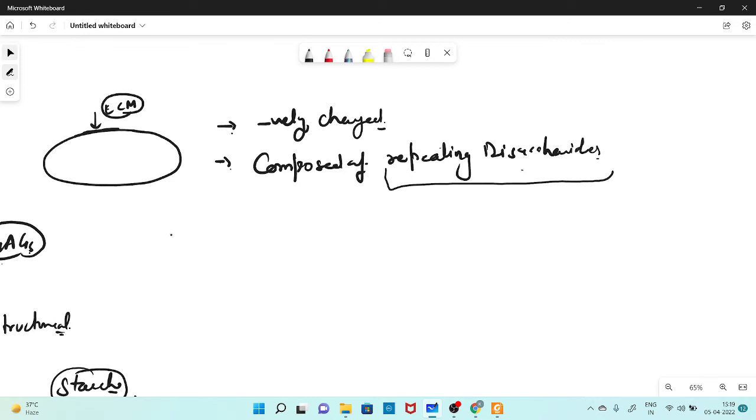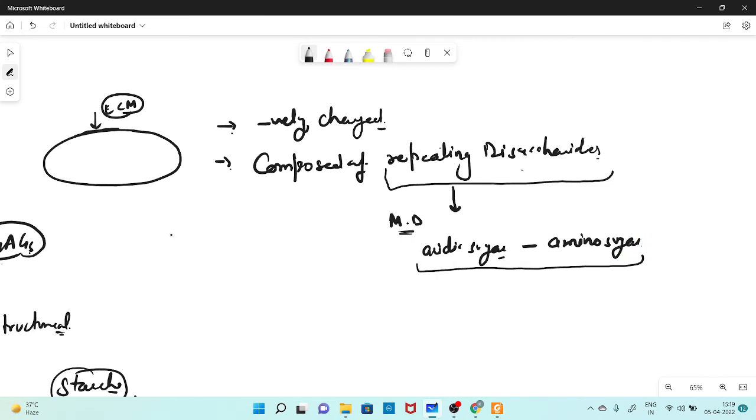So what type of disaccharides are being repeated here? These disaccharides are your monosaccharide derivatives, which we discussed in the previous lecture. These monosaccharide derivatives are your acidic sugars and your amino sugars. They both make a disaccharide, and this disaccharide gets repeated again and again, right?